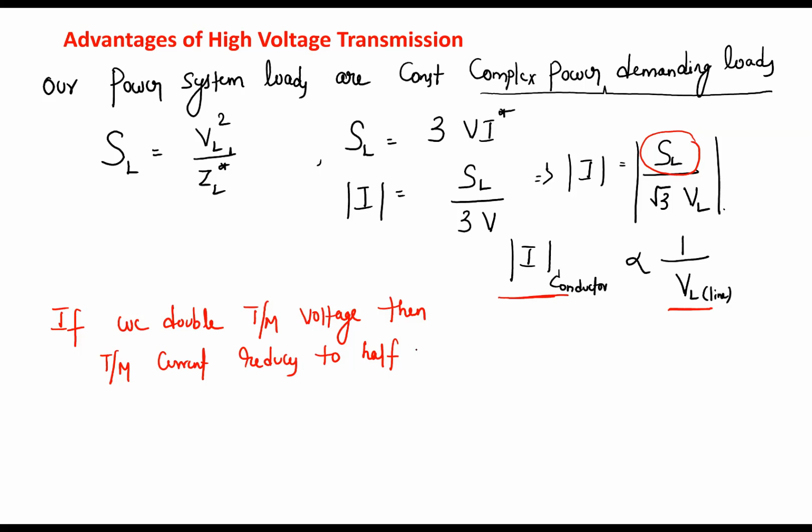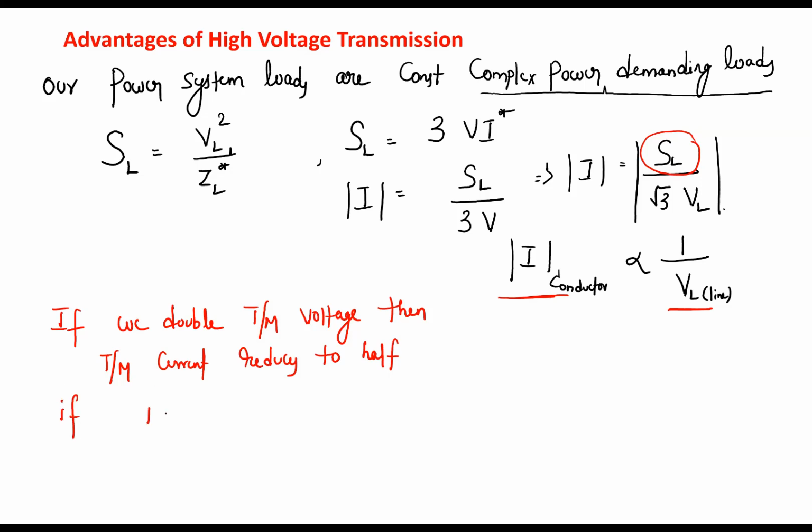If the current flowing through the transmission line reduces, the size of the transmission conductor reduces. If the size reduces, the weight of the transmission conductor reduces. If the weight reduces, the size of the support structures, everything will get reduced. So this is the one fundamental advantage. Any doubt in this one? No, sir.